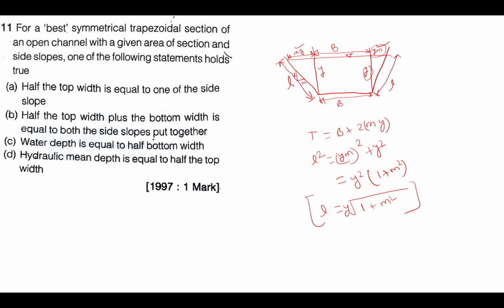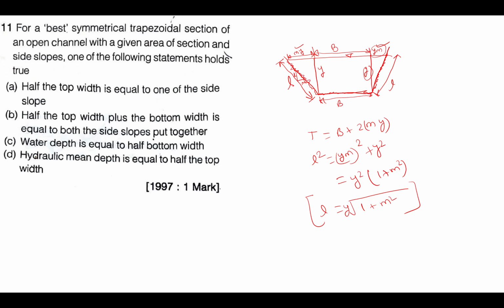When you want to calculate the best section, that means the construction cost or the lining cost should be minimum for a given trapezoidal section. This is the perimeter I have drawn.